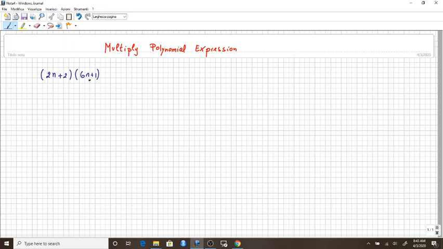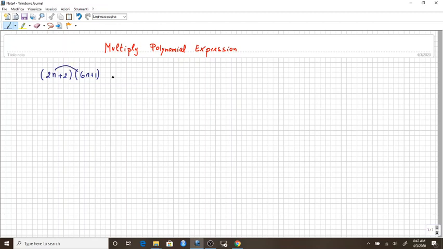Alright, so one strategy is to use the distributive property, which means since we have two terms by two terms, the final expression is going to be made up of 4 terms. So we need to make sure we multiply all possible combinations.